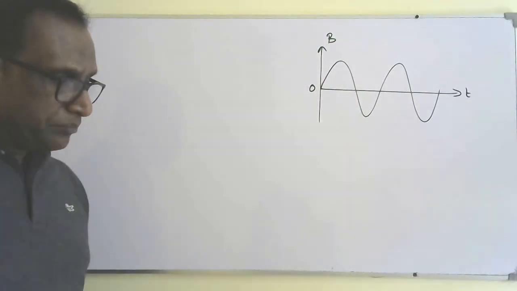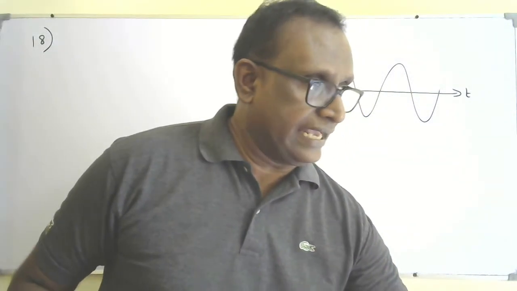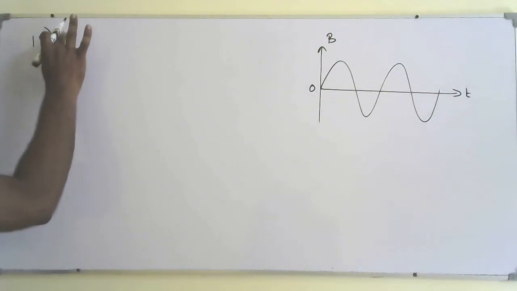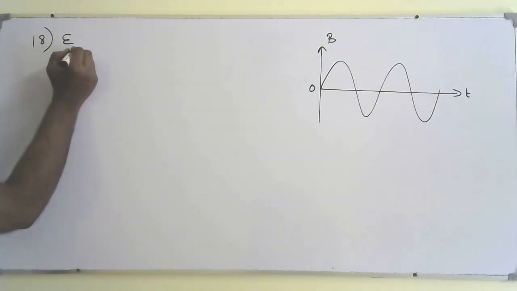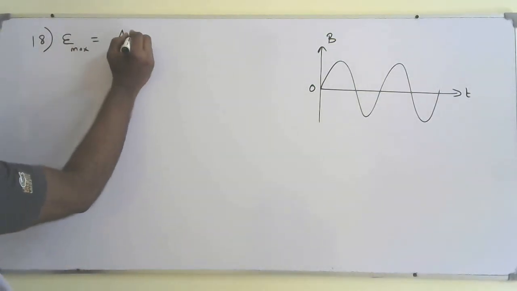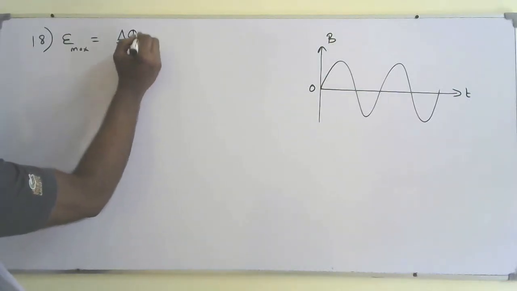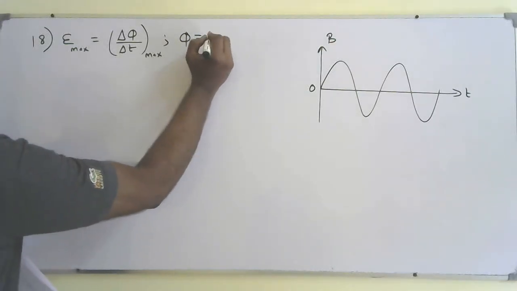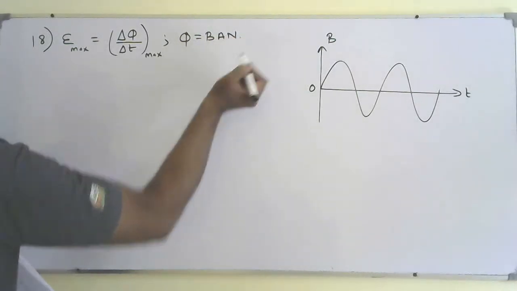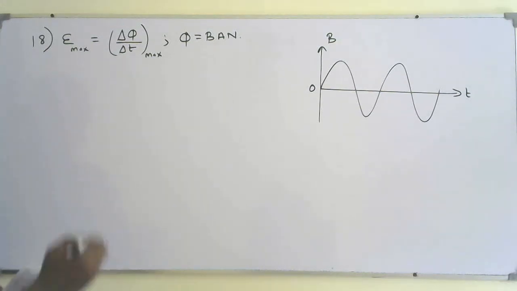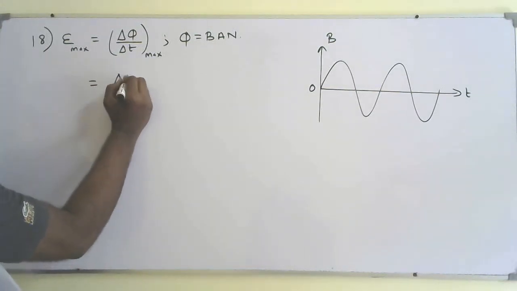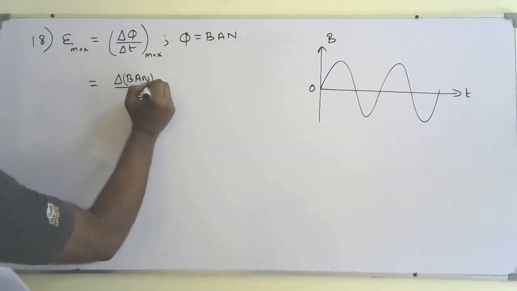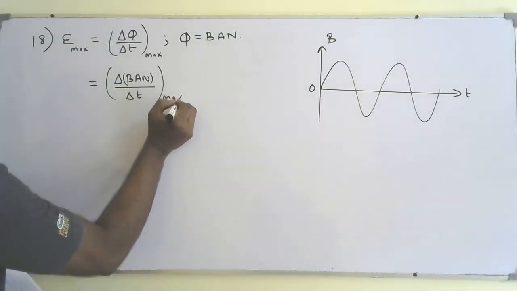Okay, so we need to find the maximum magnetic flux linkage. So we can say E max, the maximum induced EMF, equals the maximum rate of change of flux linkage. And we know that phi is equal to BAN. So this is delta of BAN over delta t, maximum.